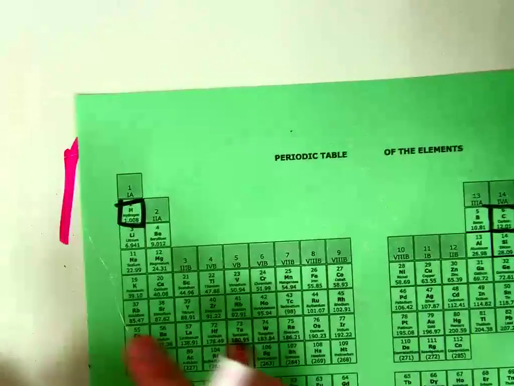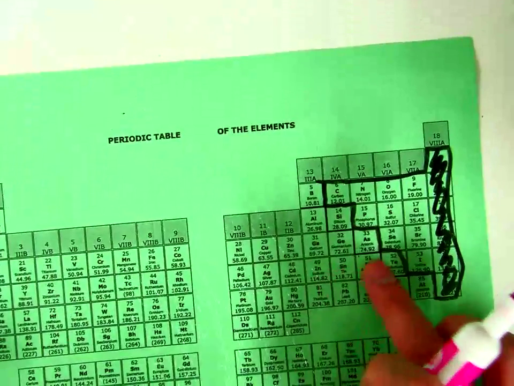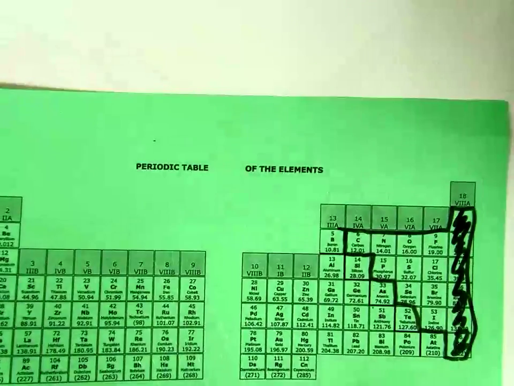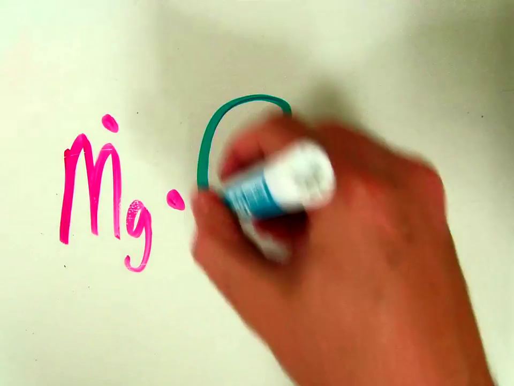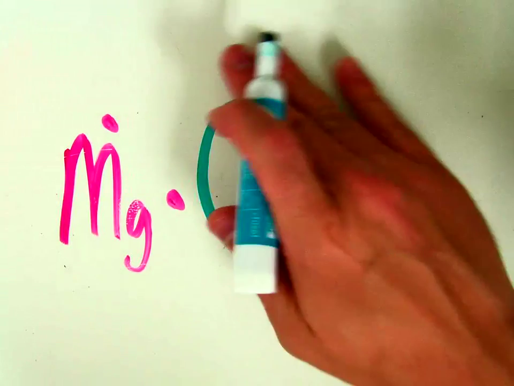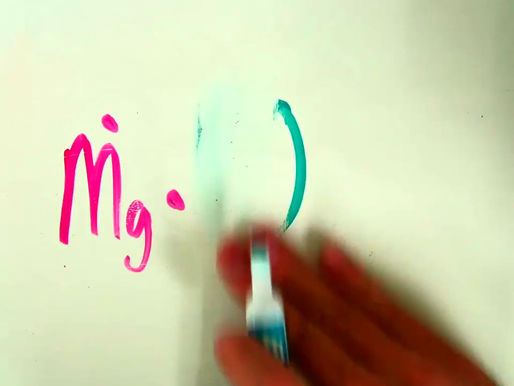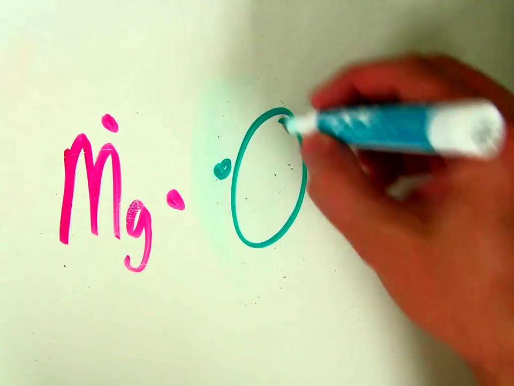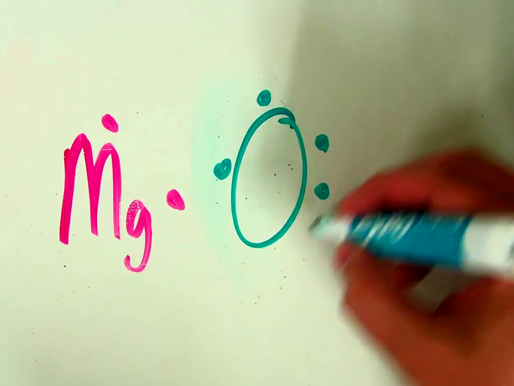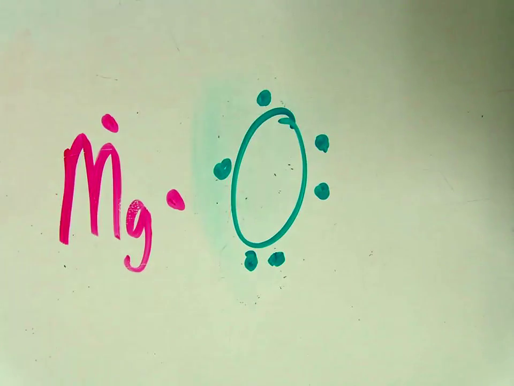Oxygen is going to have 1, 2, 3, 4, 5, 6 valence electrons. We count over from the left to figure out how many valence electrons we have, skipping those groups in the middle. So oxygen's going to have 6.